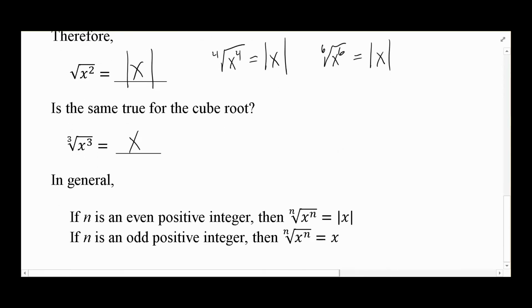And so what that tells us is that if we're talking about an even number, that we take the nth root of x to the n, then we need an absolute value. We need to say your final answer is positive no matter what. Whereas if that number, our index n, is odd, then we're allowed negative numbers. So the answer is just x. The nth root of x to the n really is just x.